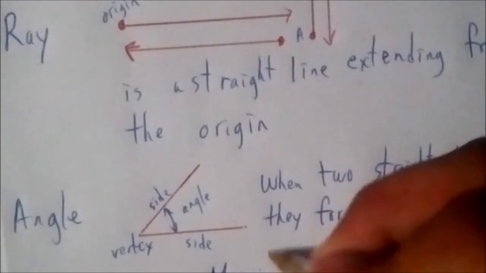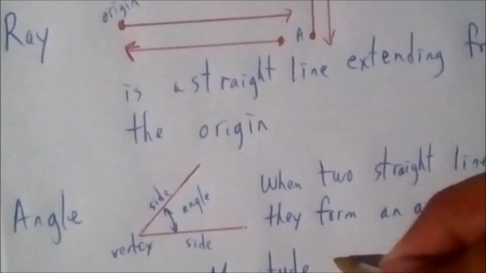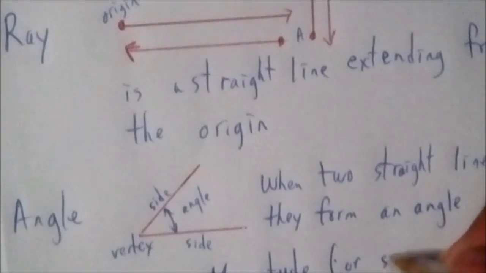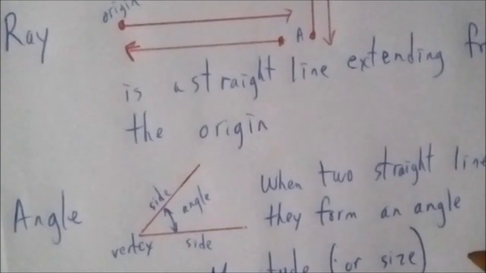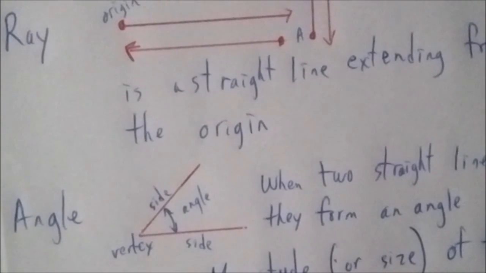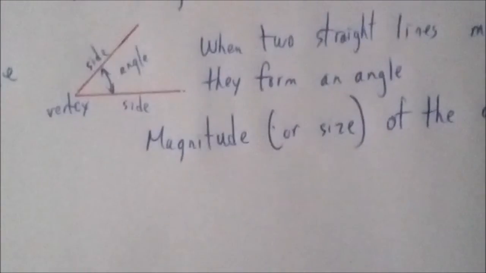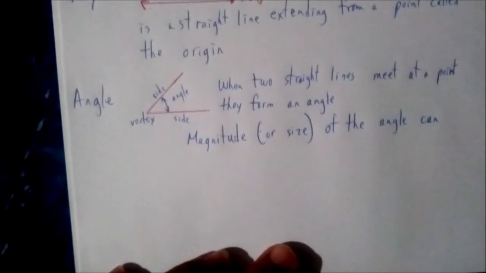Magnitude, or the size of the angle, can also be defined, okay, let me, that is too big now. Let me zoom out again so it fits on the screen.